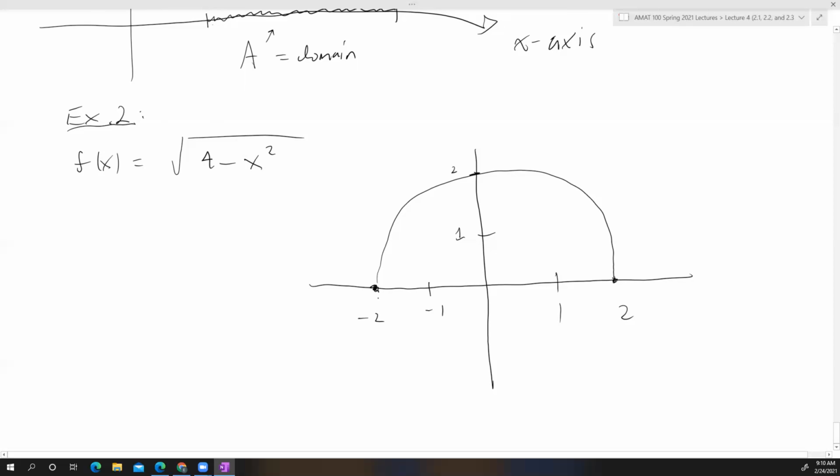The domain is this set right here. Or let's just use this notation.